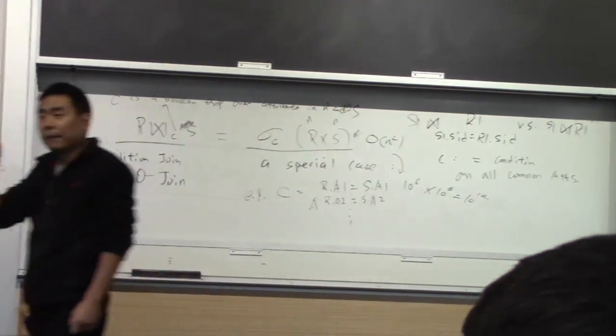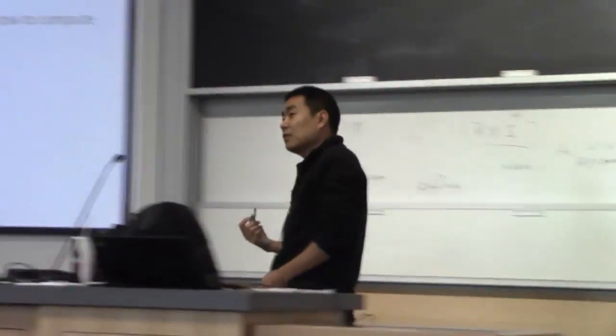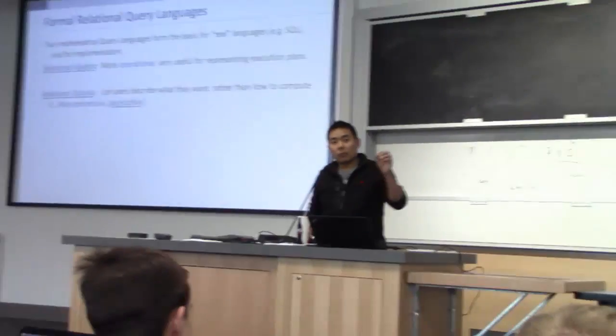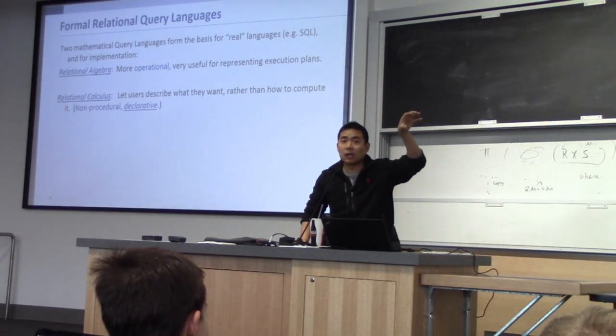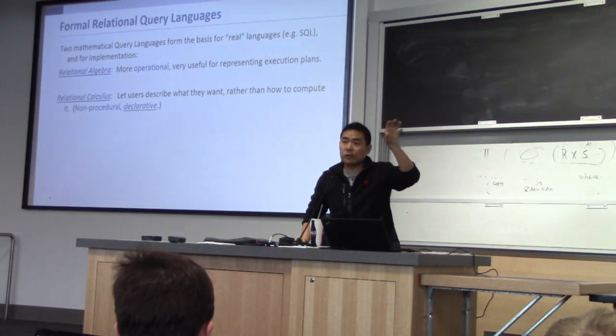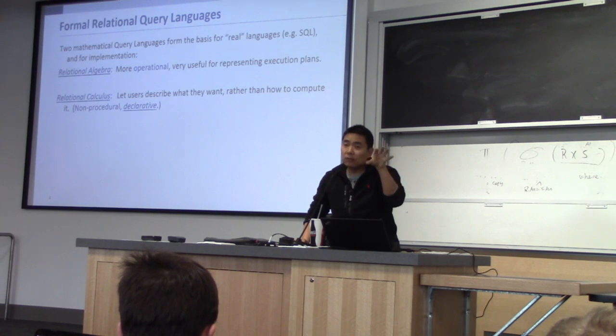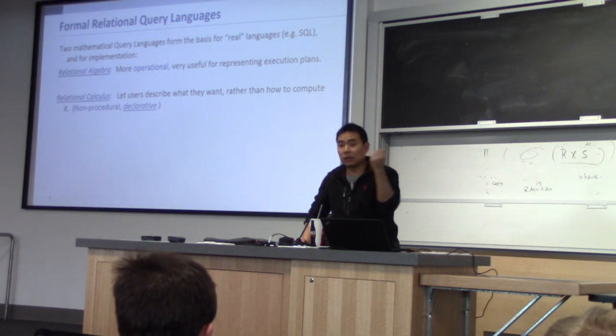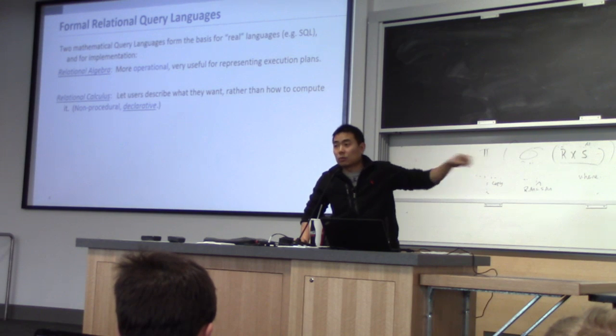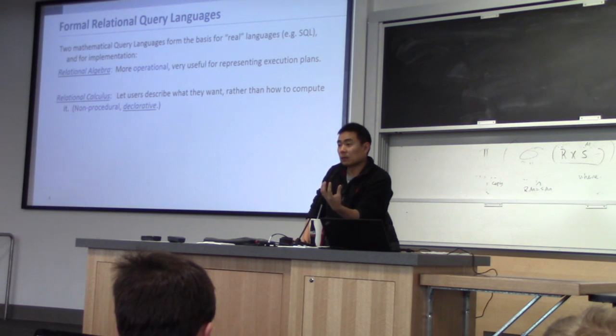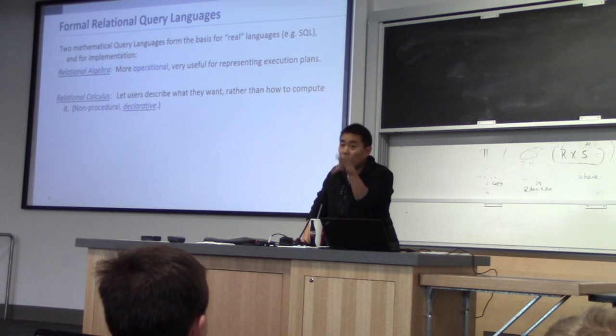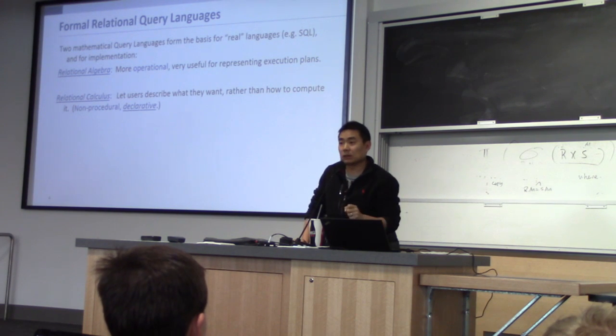For that reason, inside a relational database system, what the system will do is take the SQL query as input, and the first thing it does is translate that SQL query into a relational algebra representation, so that it represents not only what to do, but as well as how to do it.